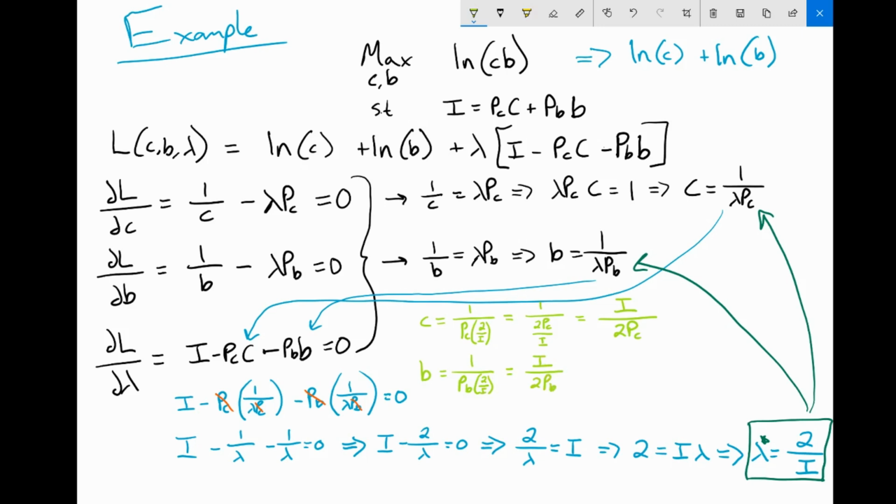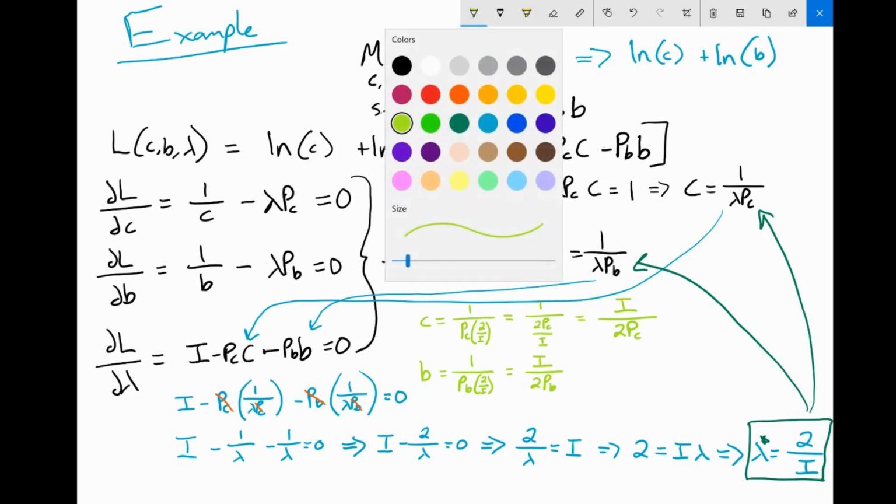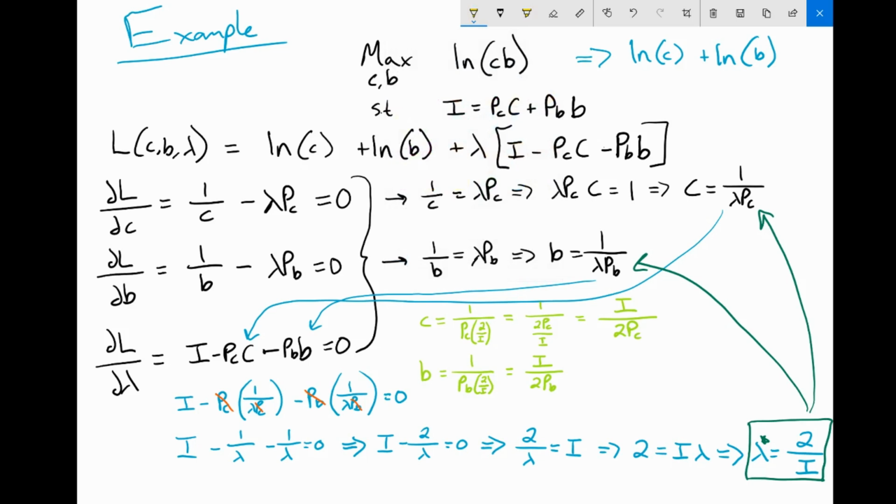So if I want to summarize all the results: C star equals I over 2PC. B star equals I over 2PB. And lambda star equals 2 over I. So now we've just done utility maximization.